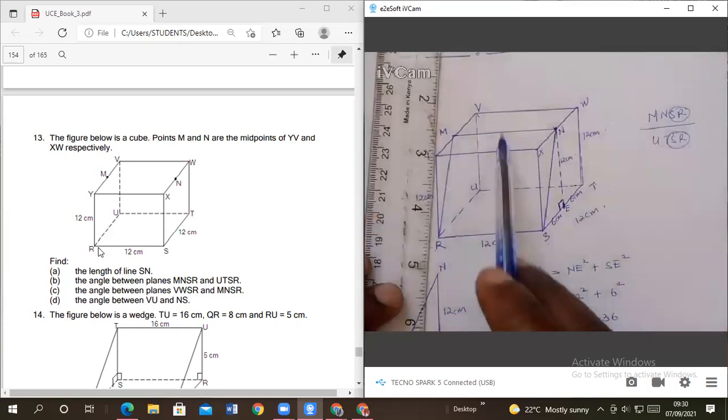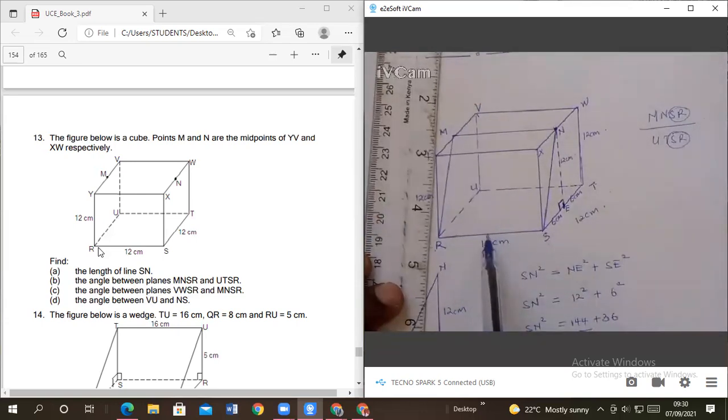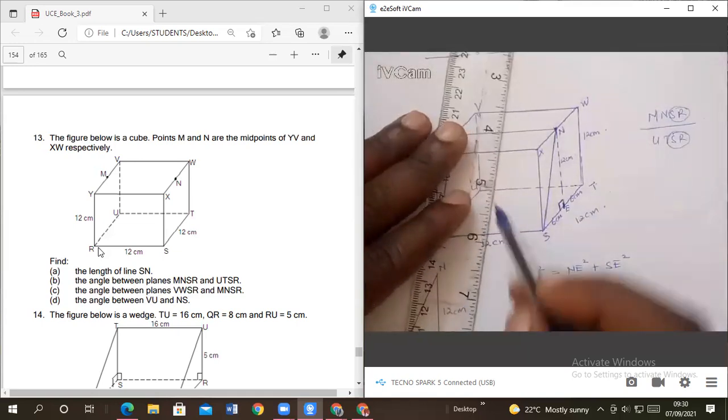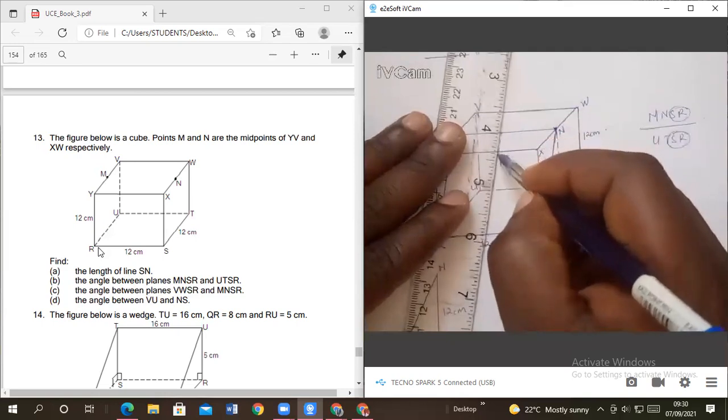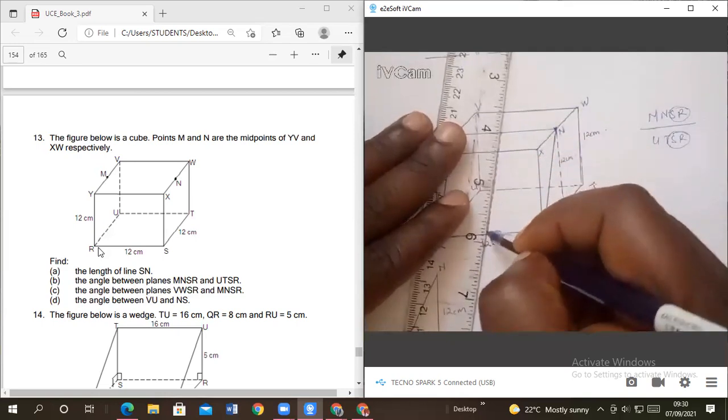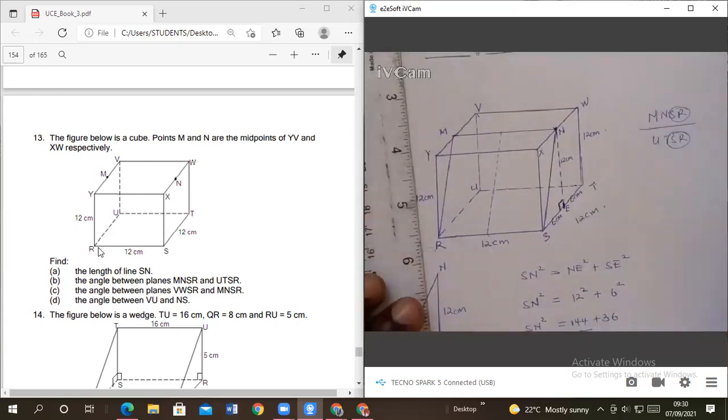And that line must touch the line SR, because SR is the line that is common. So we are going to draw a line from this point to that point.